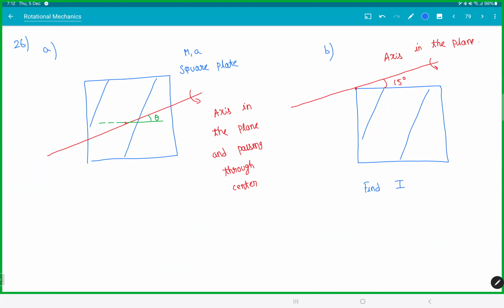Now, can you do the B part? No, that's not the answer. Now you have a line in the plane passing from the corner at an angle of 15 degrees. Now what?